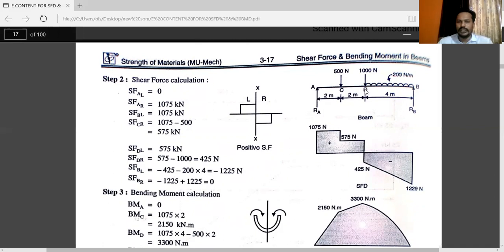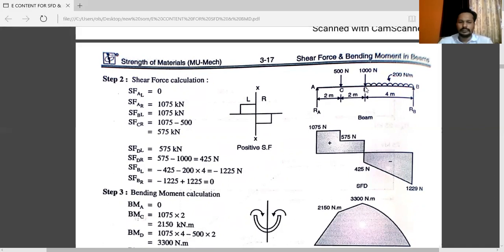So the next point is point D. At point D, RA will move in a sagging condition.